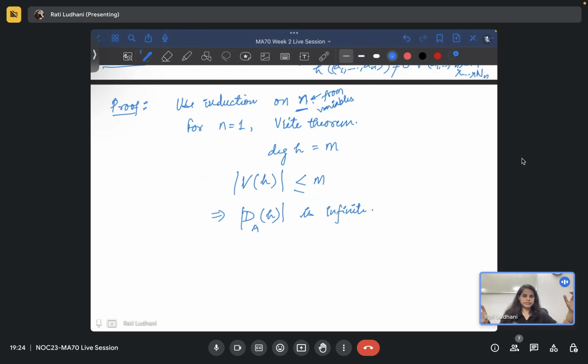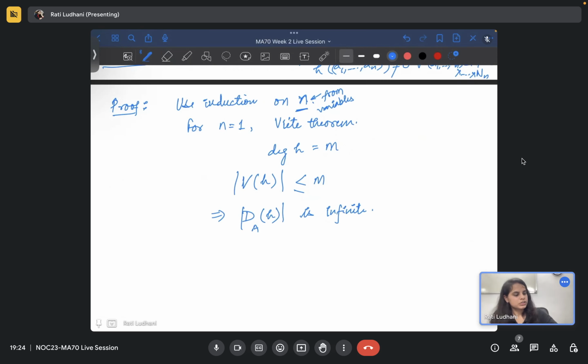because A is an infinite set, and it can be 0 only on m points. So at other points it has to be non-zero. So the set where h is non-zero is an infinite set.